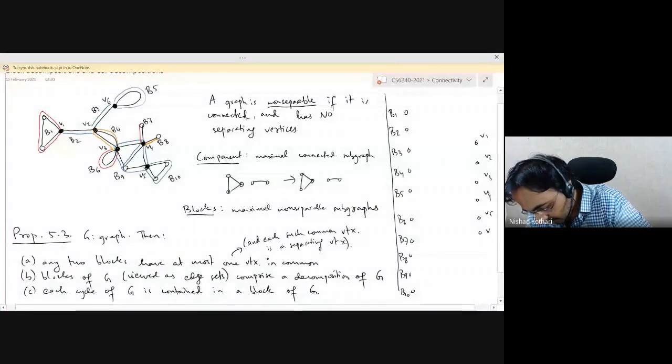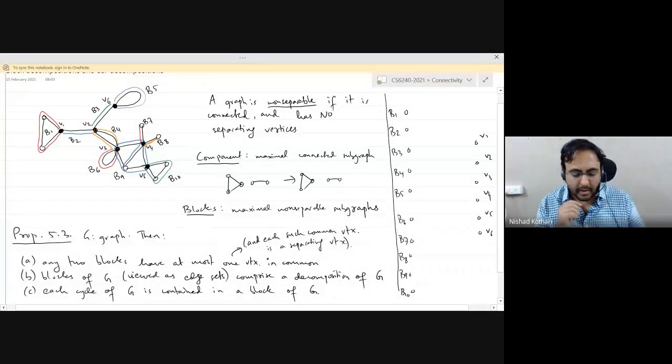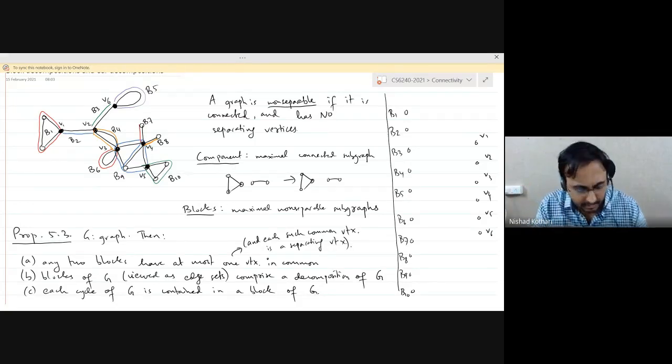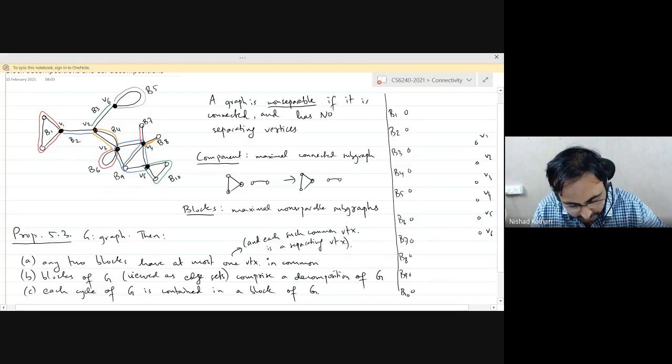Okay, and whenever a block contains a particular separating vertex, we are going to put an edge between them. To give you an example, look at this blue colored block with 5 edges, B9. B9 contains 3 separating vertices, V3, V4, and V5.